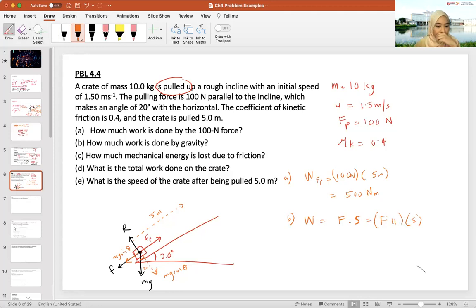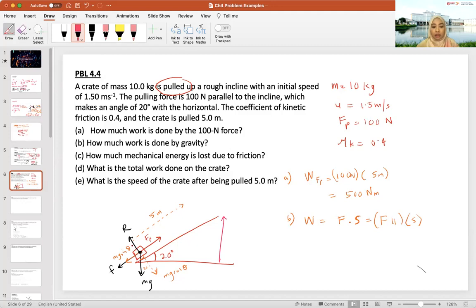So here I have mg. It is parallel to height. Mg is parallel to height, but we are increasing in height, while mg is going down. So it's in the opposite direction. Another way that I can do it is 5 meter times mg sine theta.